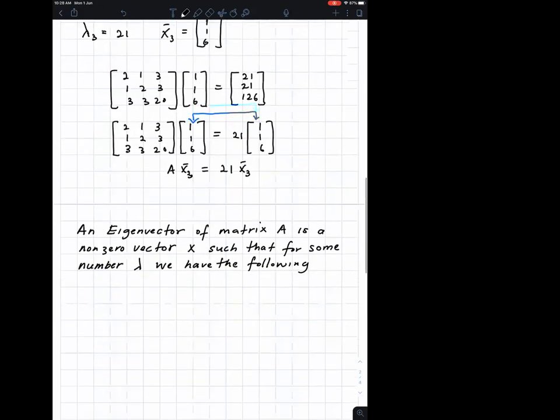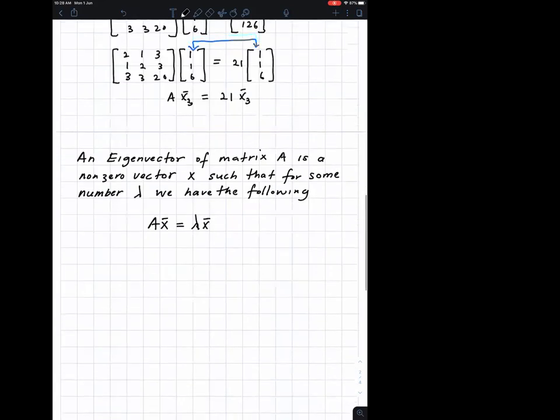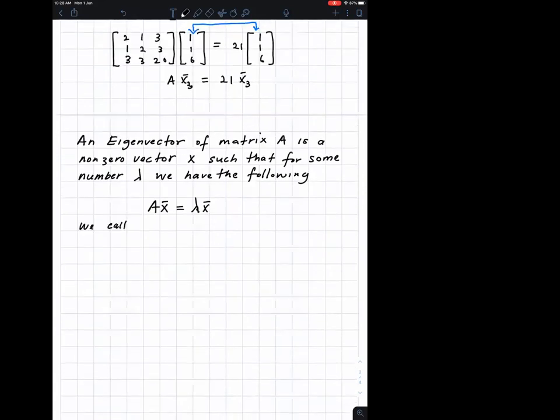Matrix A multiplied by the eigenvector is the number, which is called the eigenvalue, multiplied by the eigenvector. We call lambda an eigenvalue.